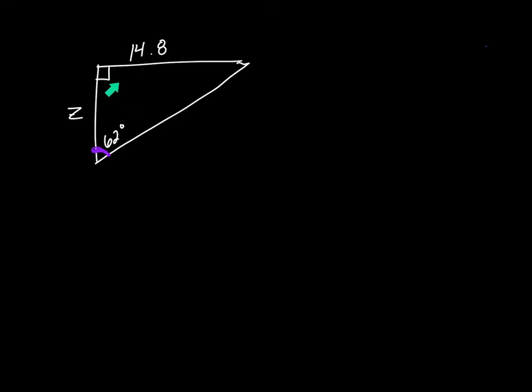And this side over here, which we don't have a value for, is the hypotenuse. So we don't have the hypotenuse this time, so we need to use the tangent function. And that's because the tangent of any angle theta is equal to the opposite side over the adjacent side.